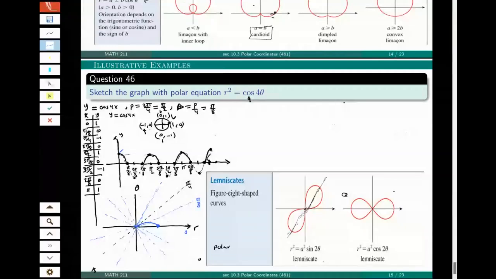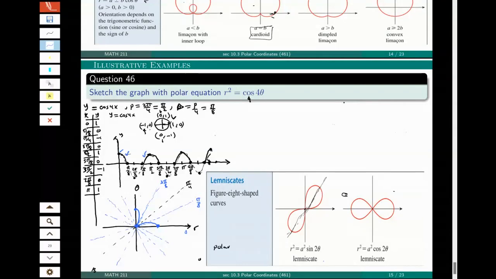Then if it is 3 pi over 8, this is pi over 8, this is 2 pi over 8, that is 3 pi over 8, it was 0. But when it goes to pi over 2, which is this one, it becomes 1 again, which is this part.